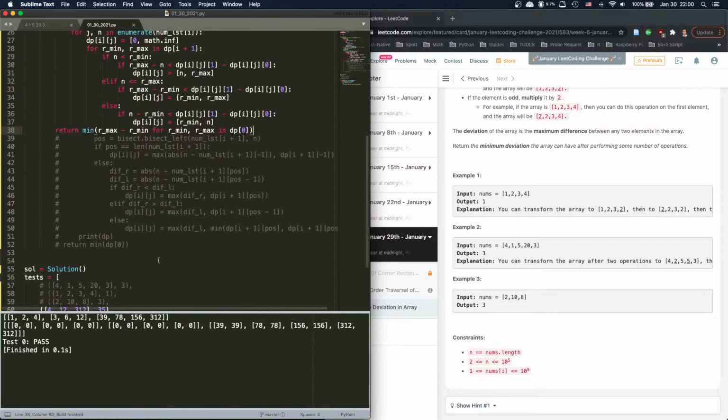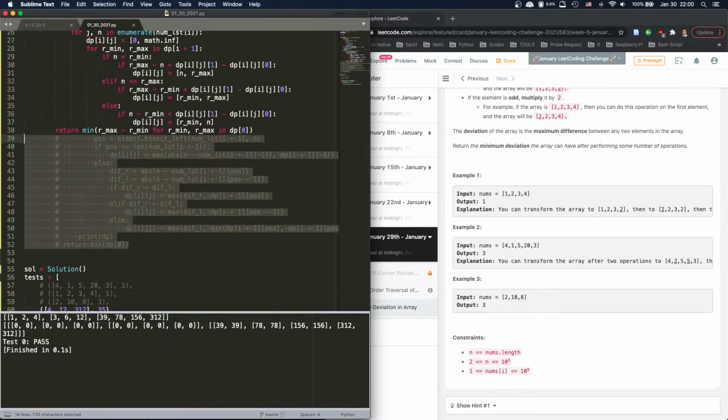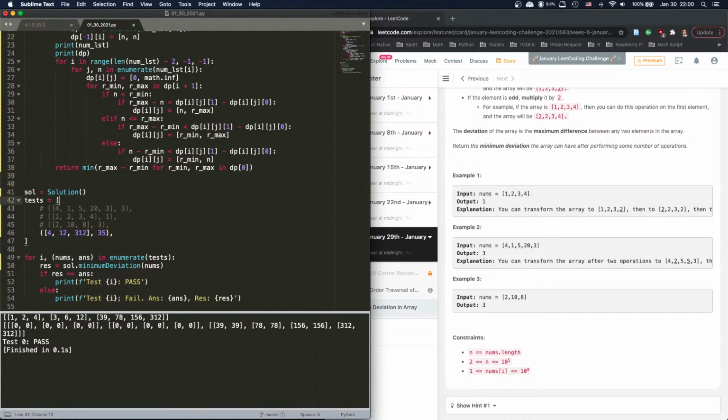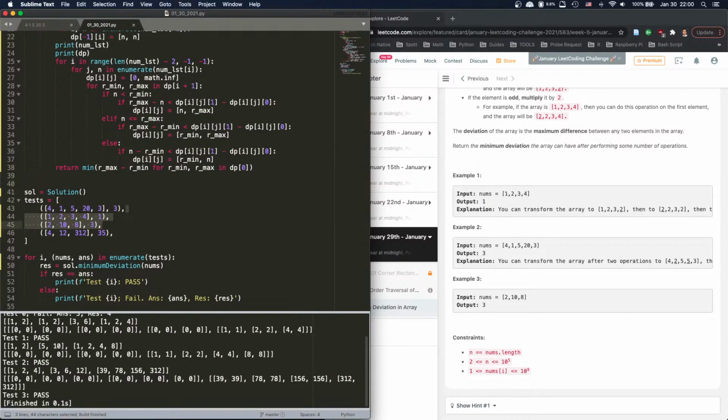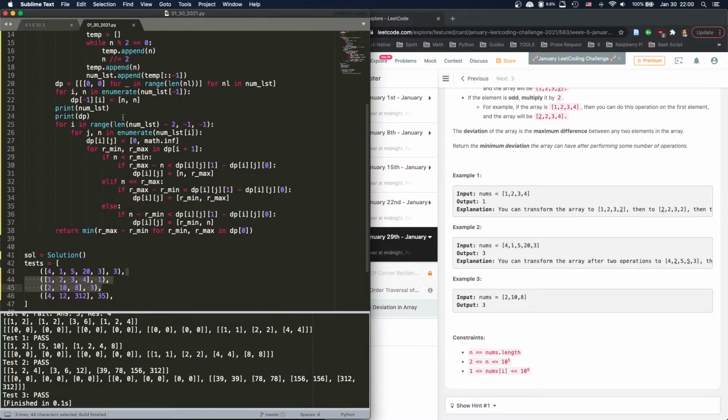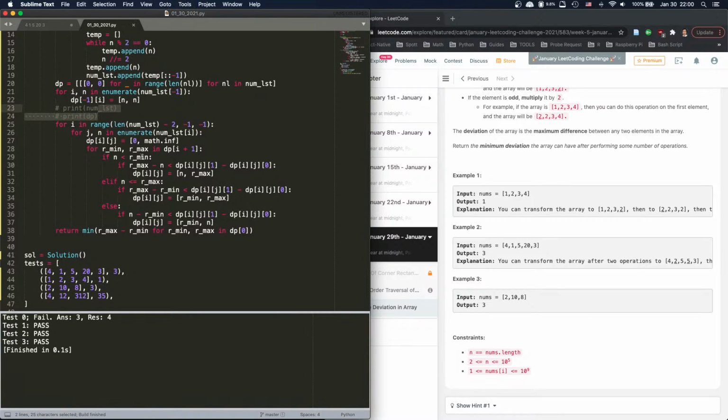And we pass. So this one we pass. Of course we're going to pass because we are ranging through every single one of them. Oh, the first one failed. What the heck? First one failed.